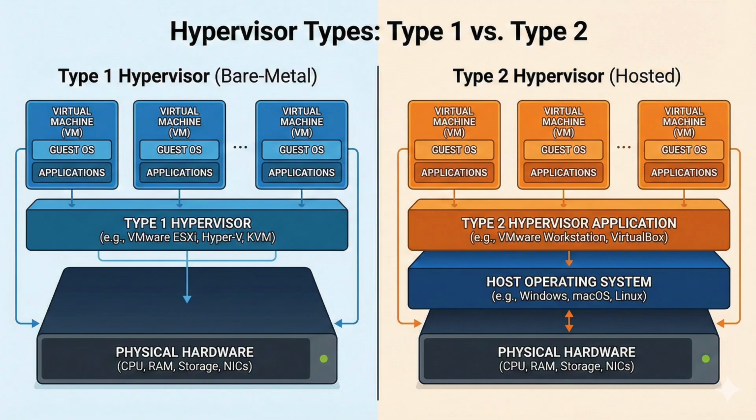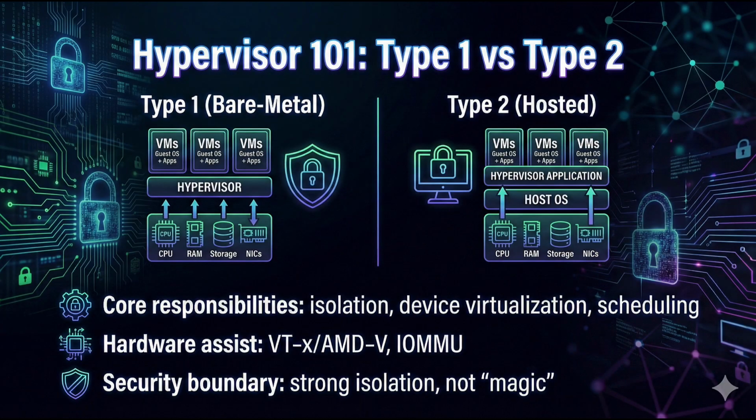Type 2 hypervisors run on top of a host operating system, like VirtualBox or VMware Workstation. Those are great for labs, but they inherit the security posture of the host OS, so they're usually not your data center foundation. Regardless of type, the hypervisor has 3 jobs: isolate VMs, virtualize devices, and schedule resources.